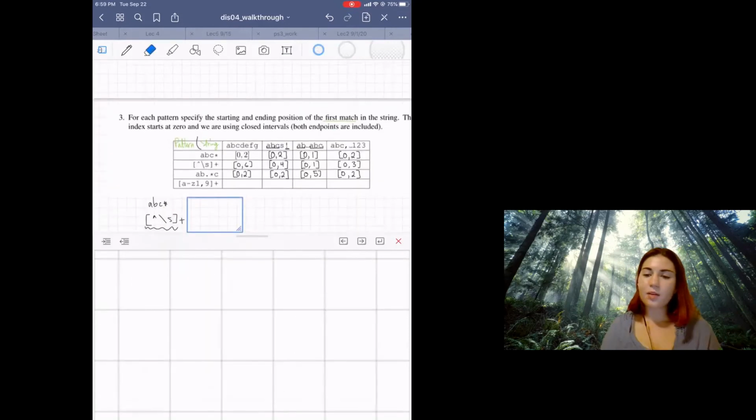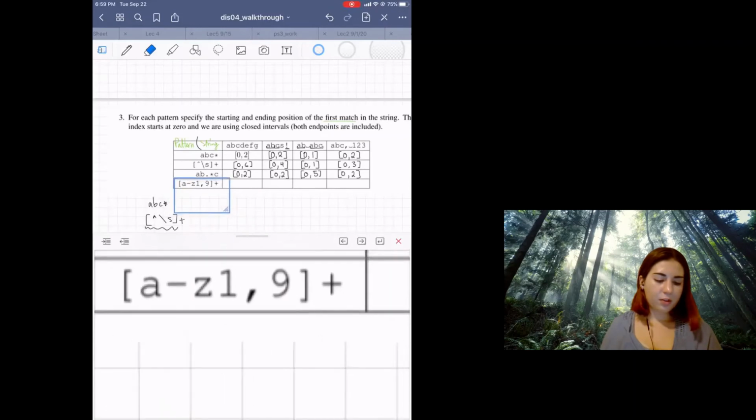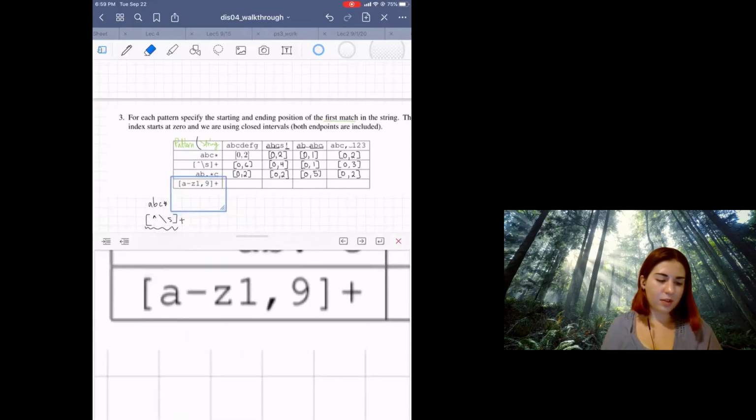All right, now let's take a look at our last pattern. So in this pattern, we have another one of these matching sets where we can divide it into different sections, all of which can represent the types of characters that can be matched. So first is A through Z. Remember that dashes can be used in matching sets to describe a range of characters.